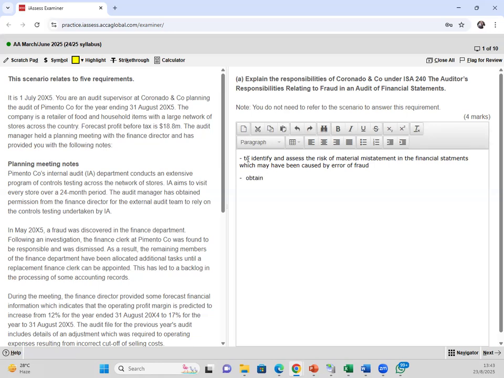That's another responsibility that they are required to comply with.